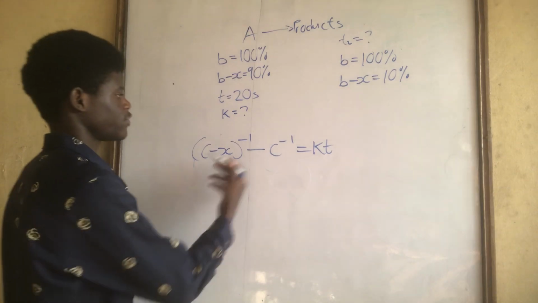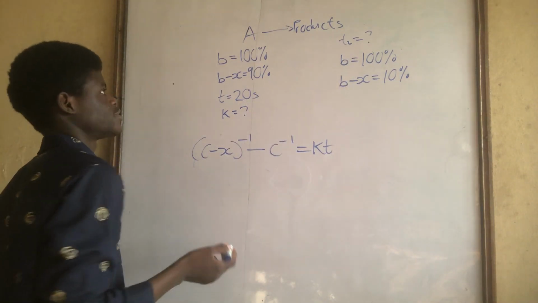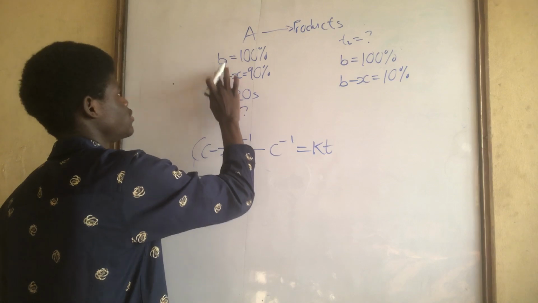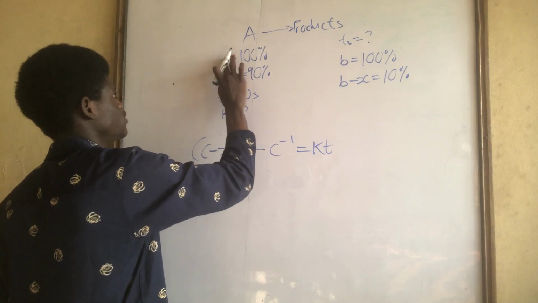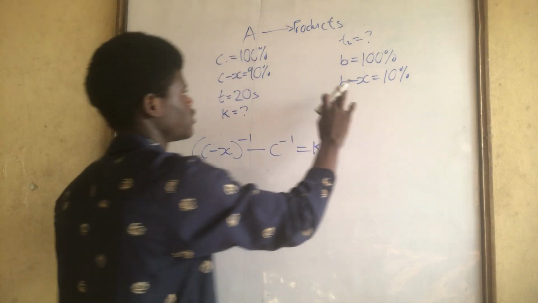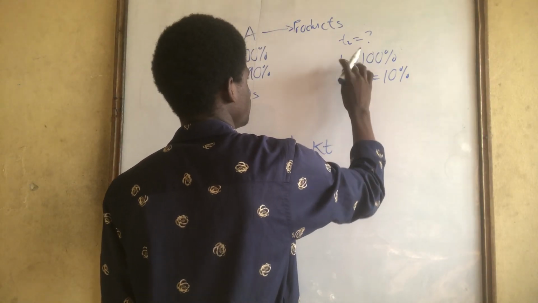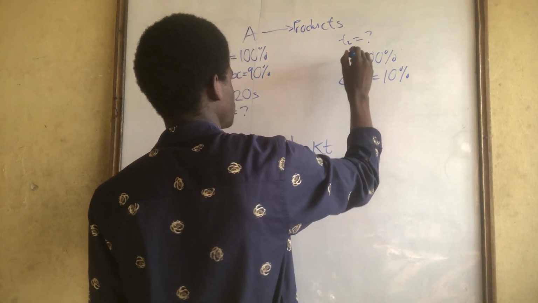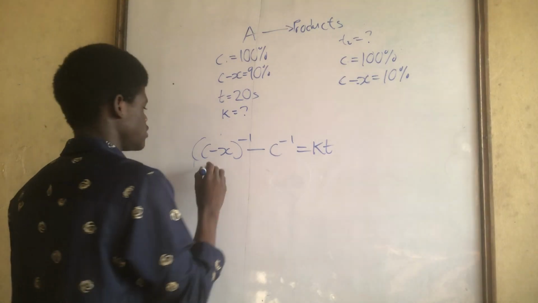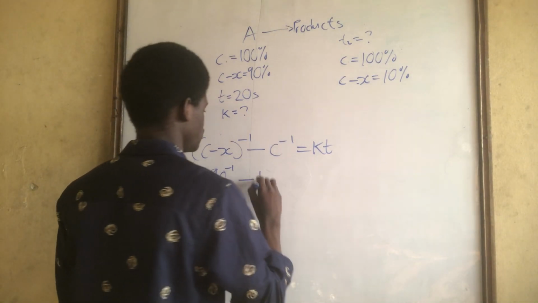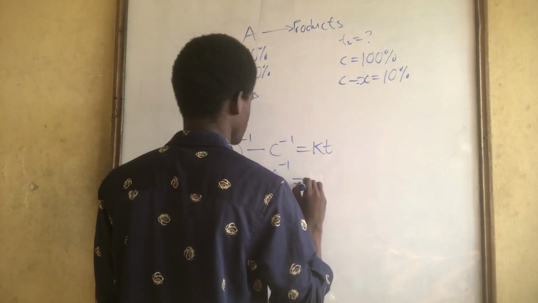So let's use this information to look for the rate constant. Let's change this one to C, and not use B again because B is for first order. So (C minus X), which is 90, to the power minus 1 minus C, which is 100, to the power minus 1 is equal to kt.